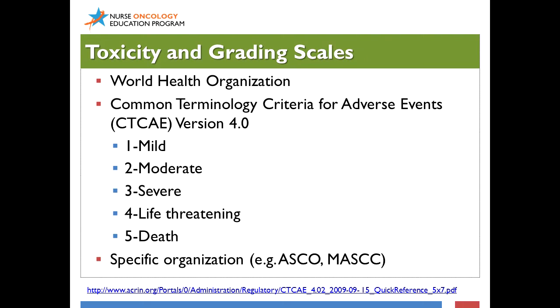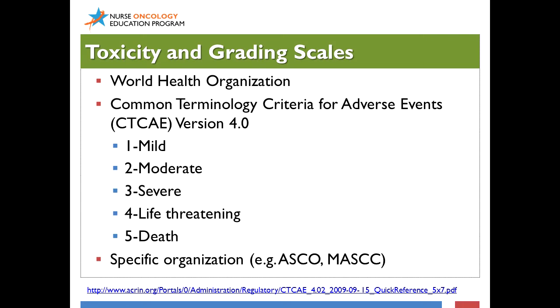Specific conditions and symptoms may have values or descriptive comments for each level, but the general guideline is that, as you can see here, the lower the number, the more mild the side effect, and then 4 to 5 is life-threatening and death. So you will see with many drug trials and many clinical trials that this grading scale is what's commonly used.